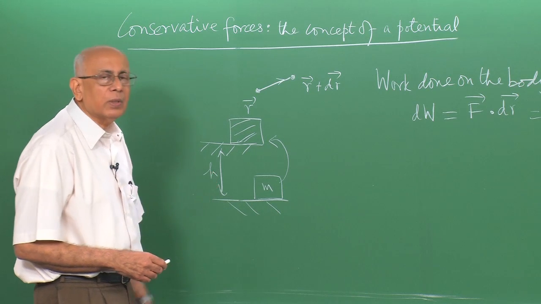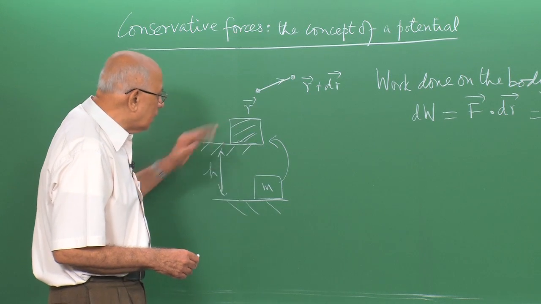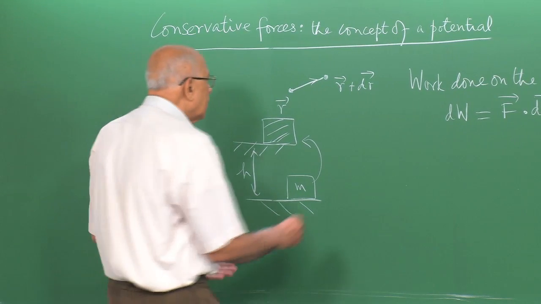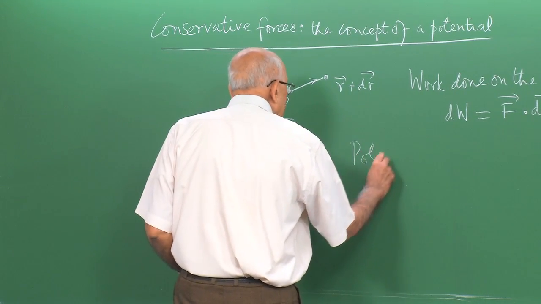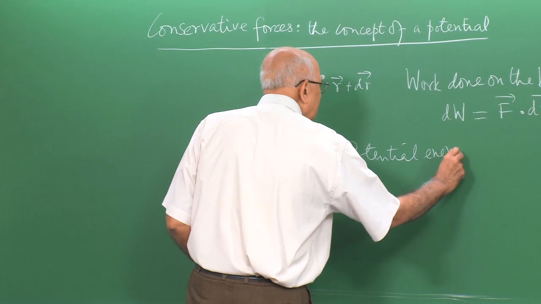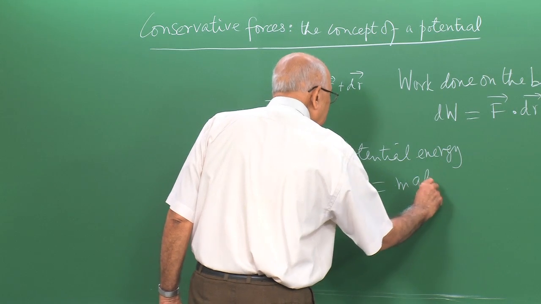In this case we know the answer, it's mgh, and this means that mgh is stored as energy in this system, and we say that the potential energy of this object in this case is equal to mgh.